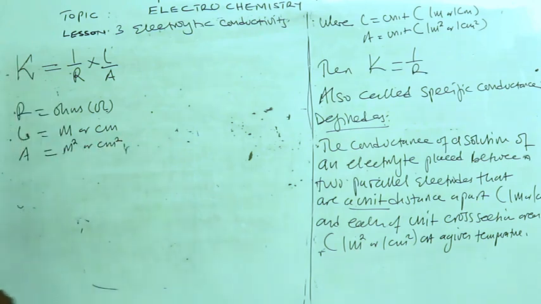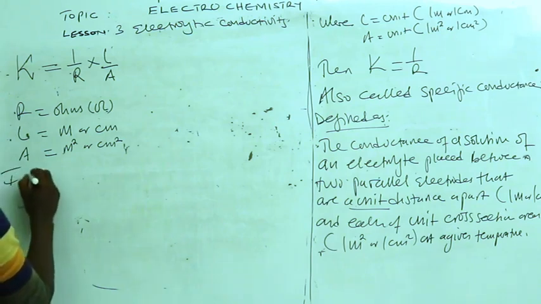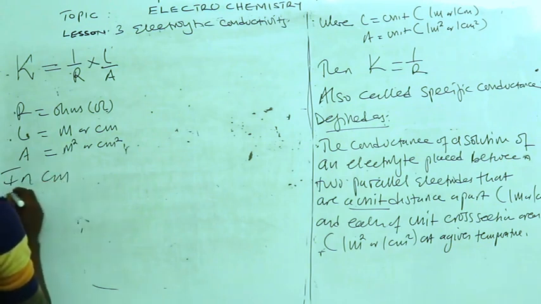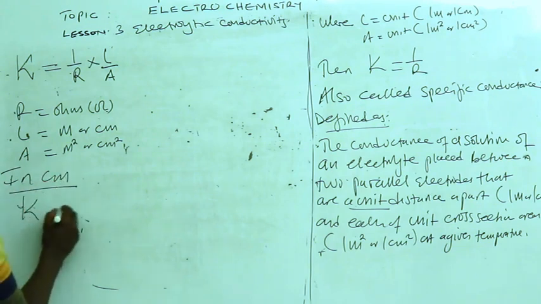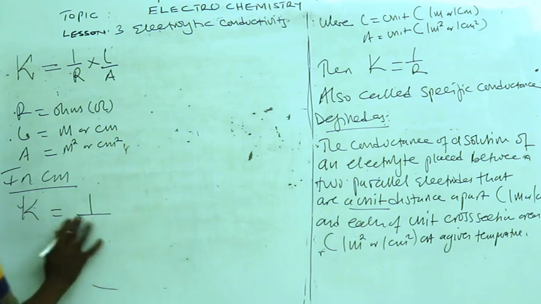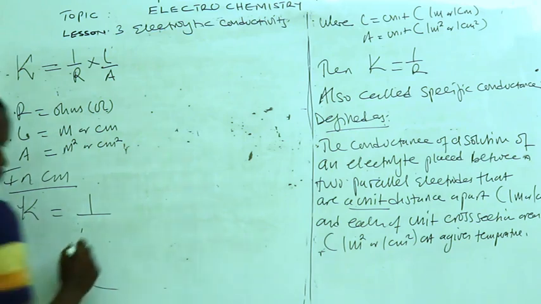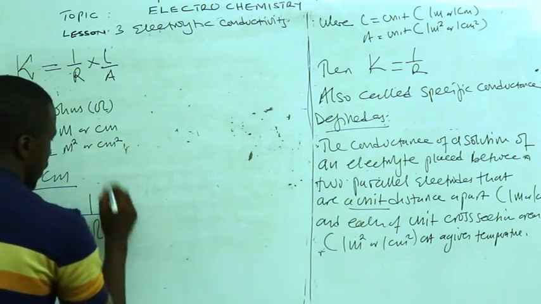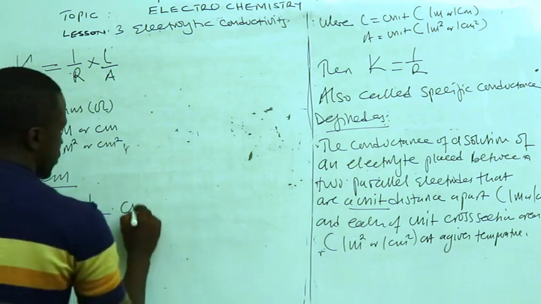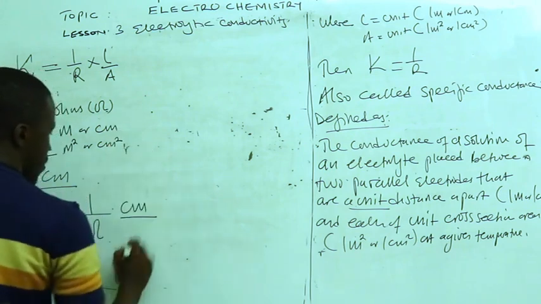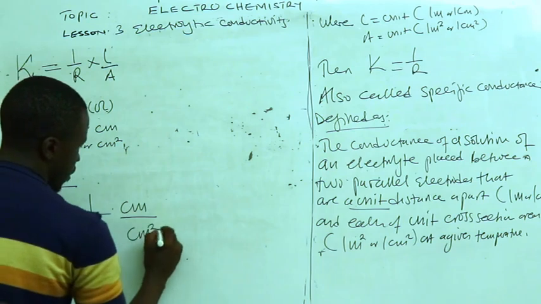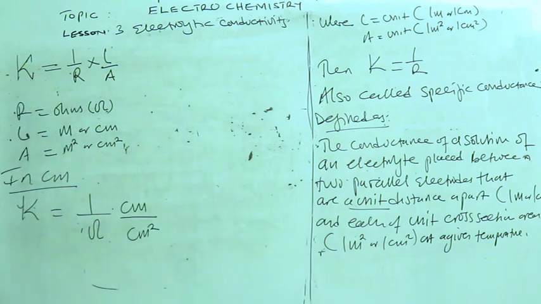By substituting in the expression above, let's first consider centimeters. In terms of centimeters, K will equal 1 over ohm times length in centimeter and area in centimeter squared. The units have to be the same here.